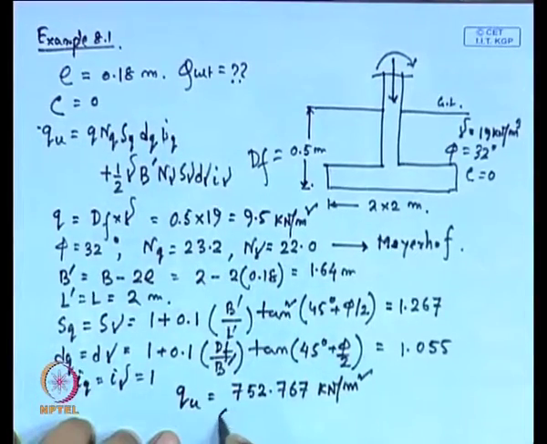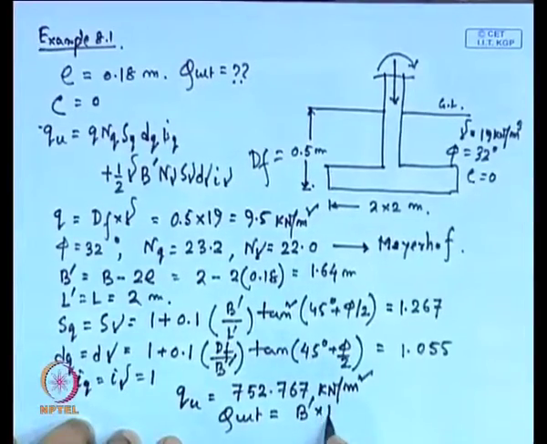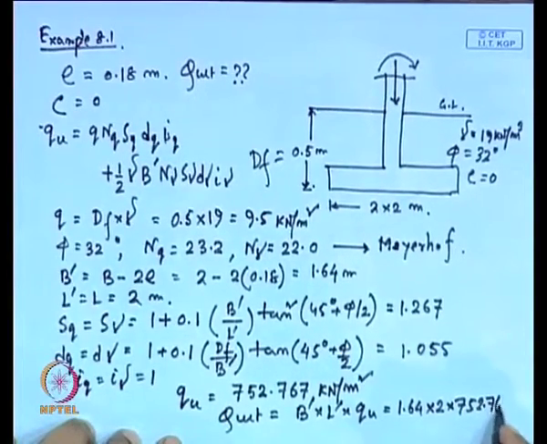So, finally, the q ultimate, the load, is B dash into L dash into q u. This value is 1.64 into 2 into 752.767.